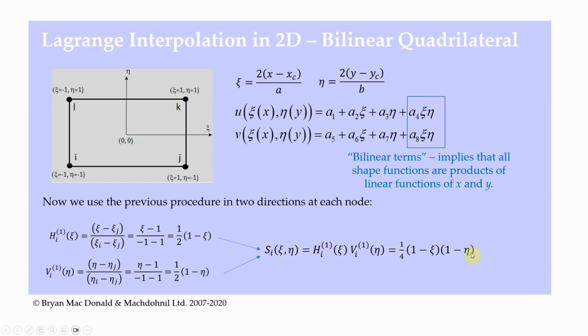And we can do the same things for nodes J, K, and L and work out SJ, SK, and SL as well, and that will give us the shape functions for this element. The higher order elements more or less follow the same procedure, but this part is going to be a bit more complicated because you're going to have second and third order equations and not just first order. I think it's easier to understand it for the first order equations. Once you can get this, you can go ahead and take a look at the second order and third order.